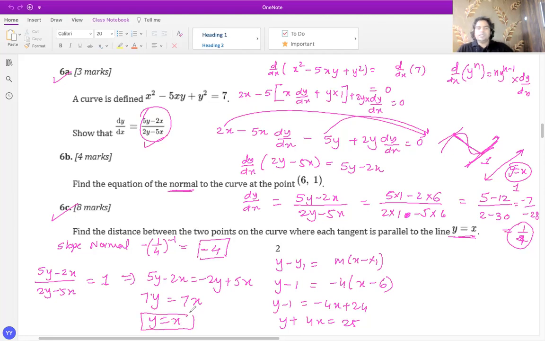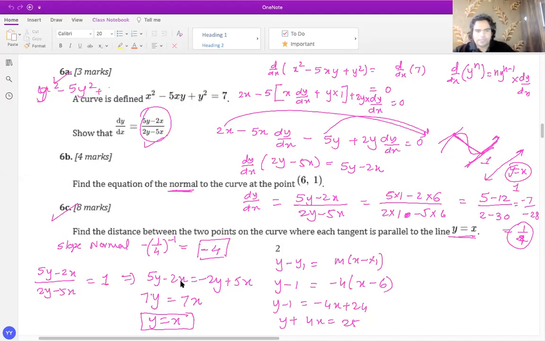Still, this is not yet the coordinate. It gives us a relation, y equals x. So y equals x, now we're going to put here. I think there's a mistake.